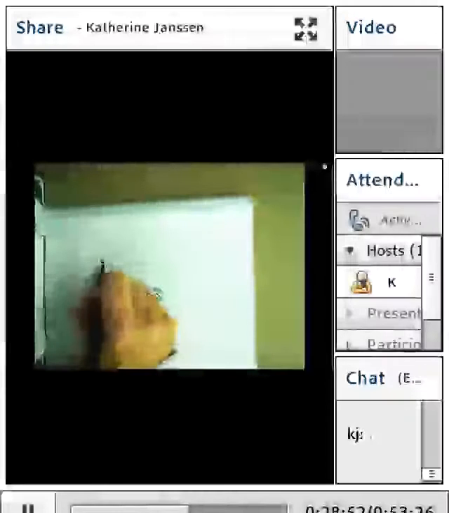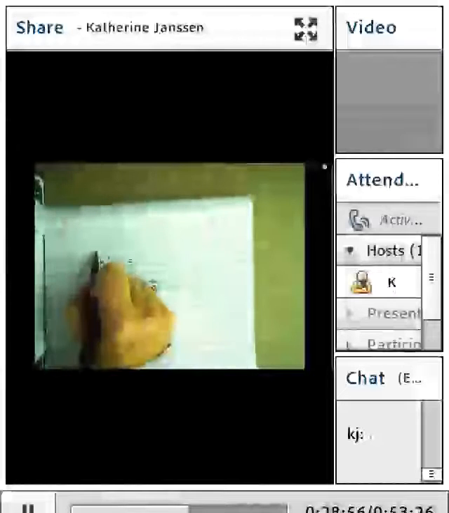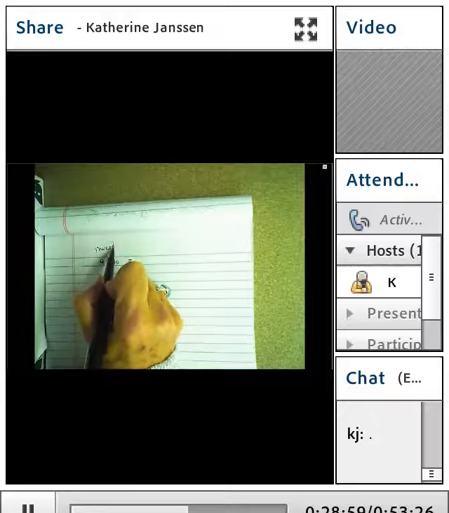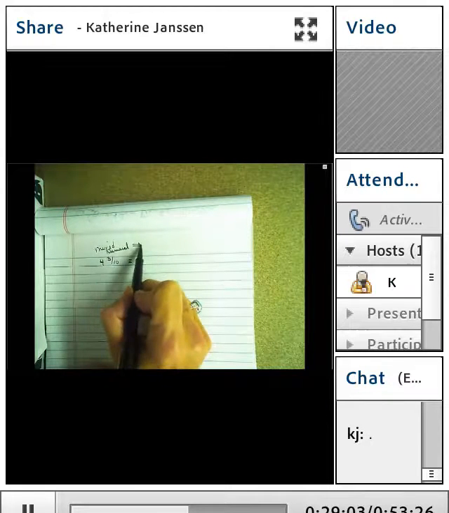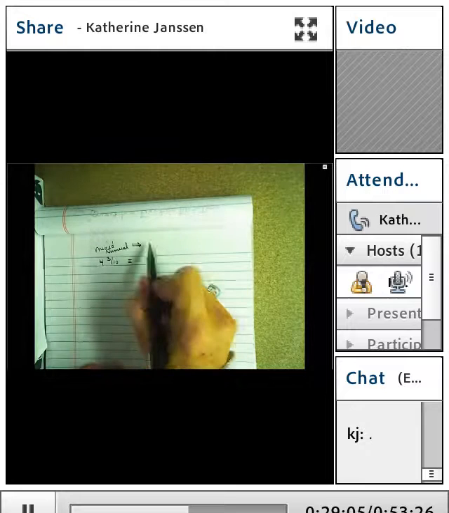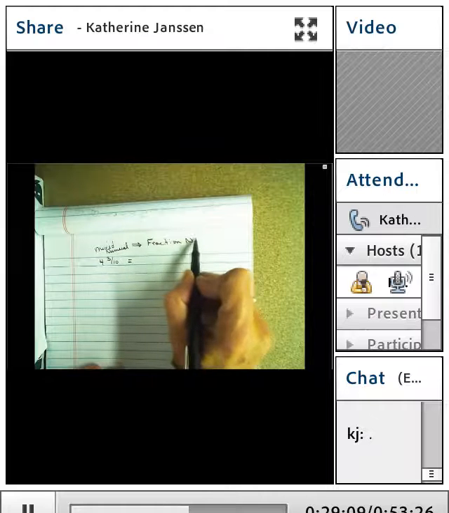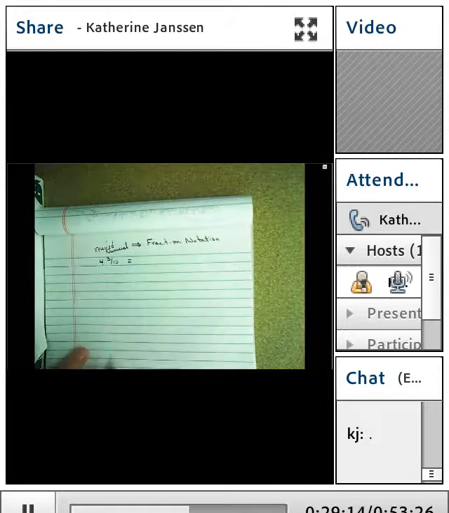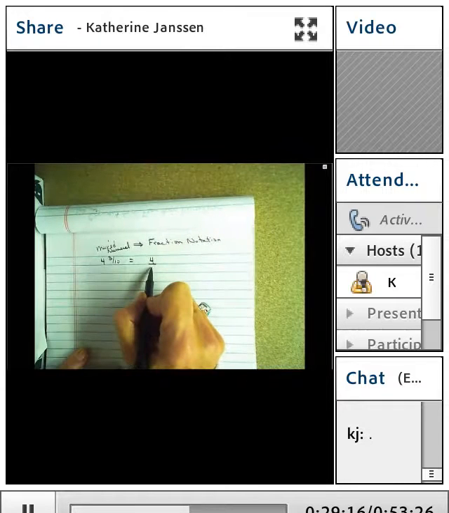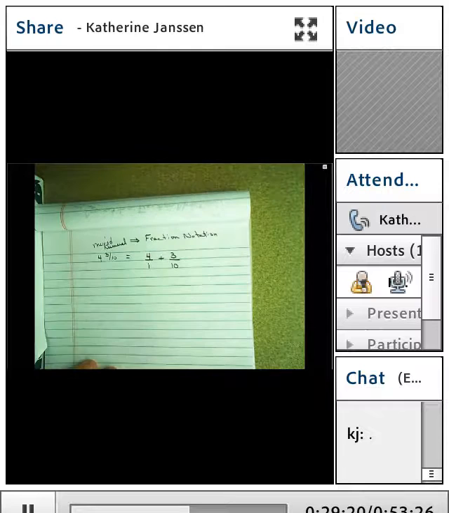Four and 3/10. Okay, this is a mixed numeral. And we're supposed to convert to fractional format. Fractional format notation means we have a numerator and a denominator. So 4 is a whole number plus its fractional part. I need to have a common denominator, looks like 10.